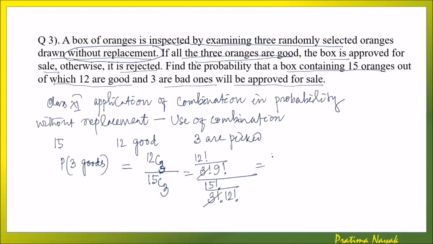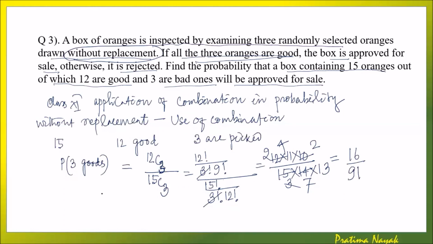So it will be 12 into 11 into 10 by 15 into 14 into 13. So how much it will be? You can cancel 5 2s, 5 3s, 3 4s, 2 7s, 2 2s. So 2 2s are 4, 4 4s are 16 by your 91.